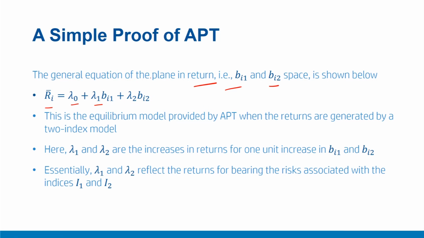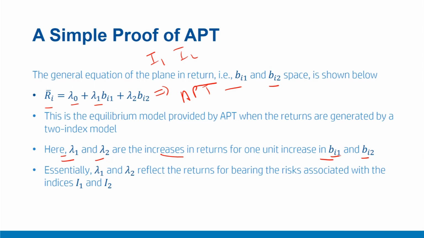This definition is the contribution of APT to the asset pricing model, as defined by the multi-index and single index model. So this equilibrium model is precisely provided by APT, where the returns are generated by two indices I1 and I2, and lambda 1 and lambda 2 here are the increase in returns, or you can call them risk premia, for a 1 unit change in BI1 and BI2.